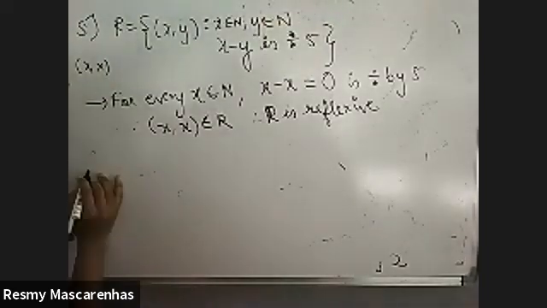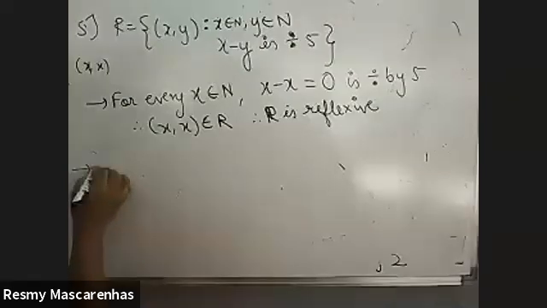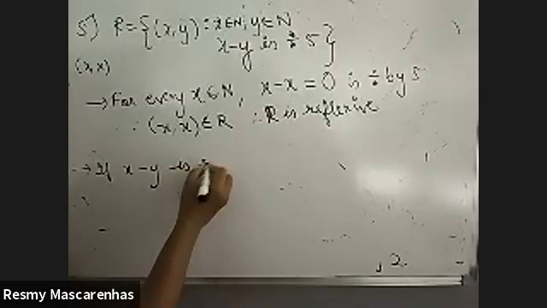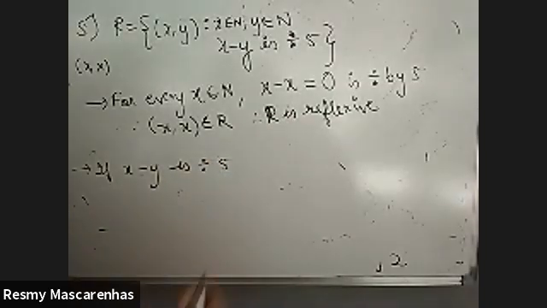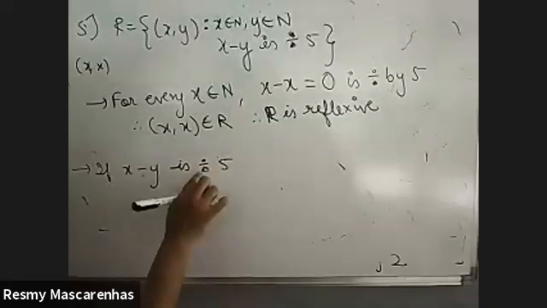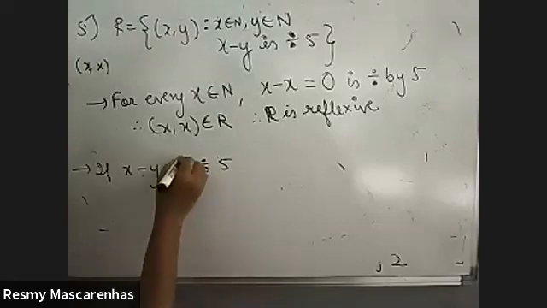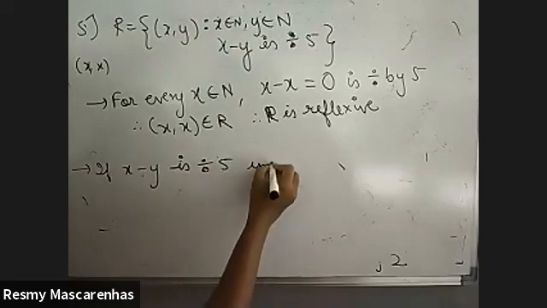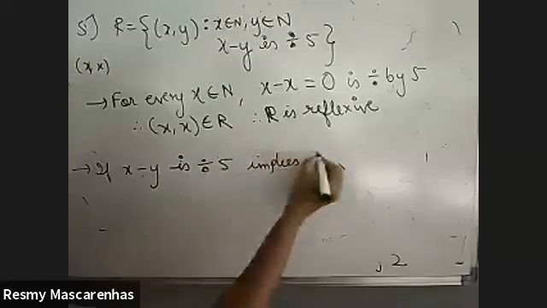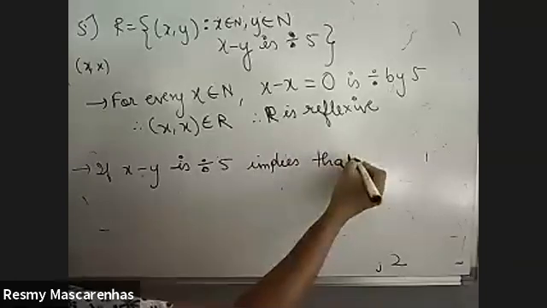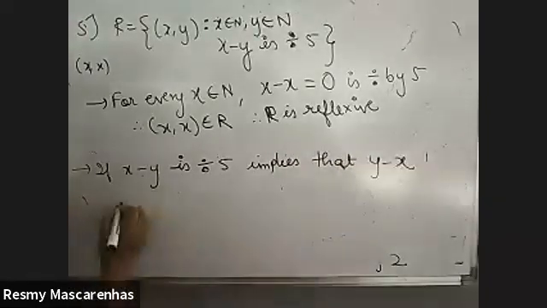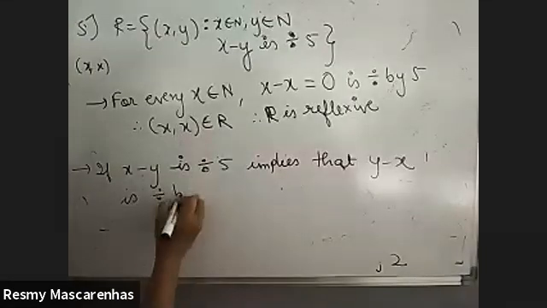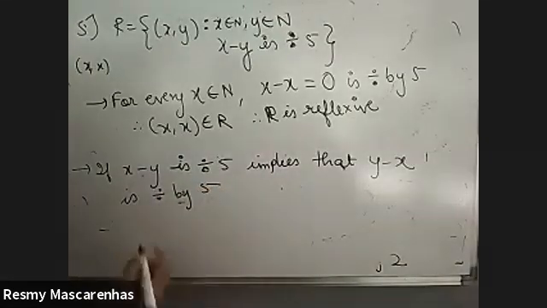So straight away you can write, okay, if x minus y is divisible by 5, later on you'll write proper divisibility and all, divisible by 5 implies that, the reverse, y minus x is also divisible by 5.